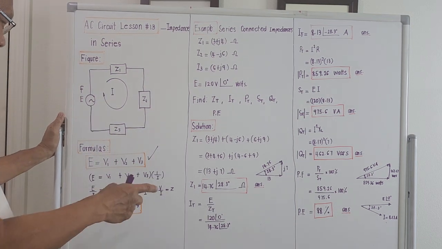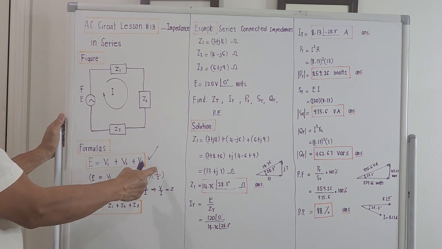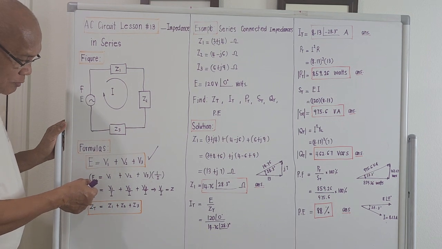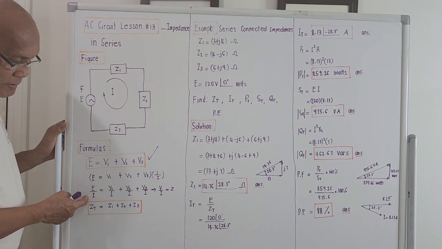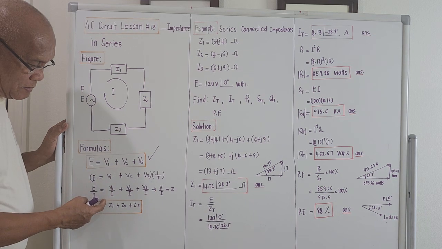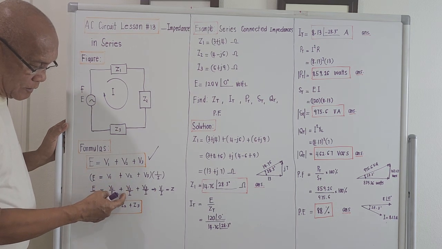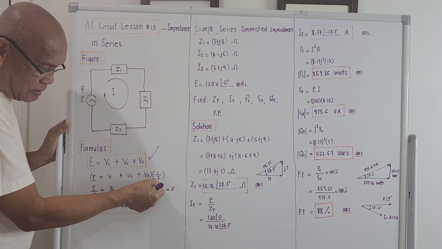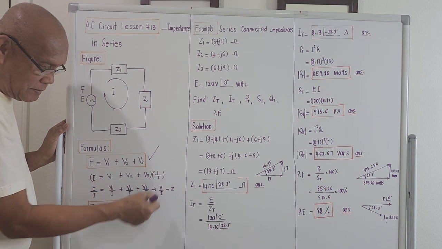Okay? So if we multiply the given equation by 1 over I, what will come out? Left hand side will become E over I. Right hand side will be V1 over I plus V2 over I plus V3 over I. We distribute the multiplier 1 over I, right?